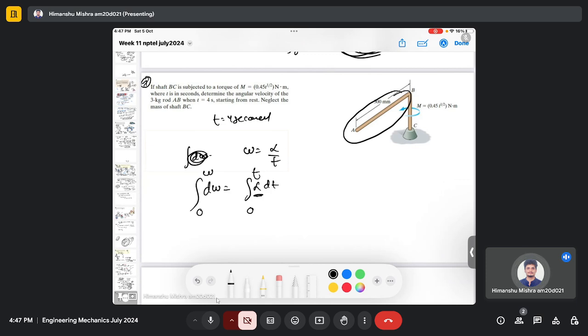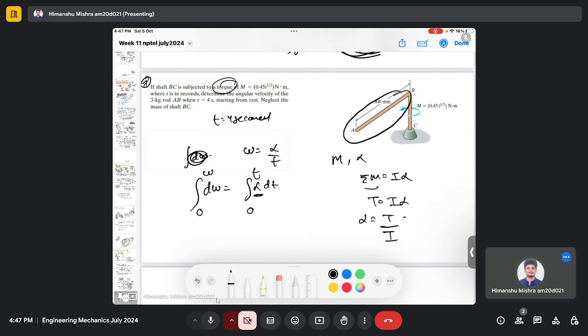And how to find alpha? Given that we have a torque or a moment, we know that the summation of moment will be equal to I alpha. So here this torque will be equal to I alpha. So alpha will be torque divided by I.